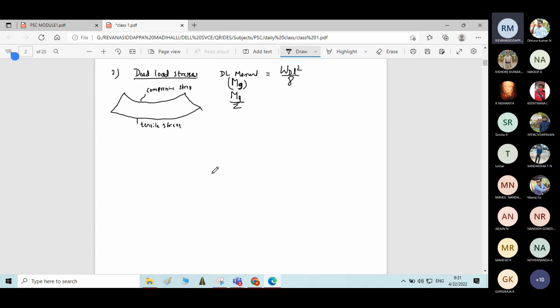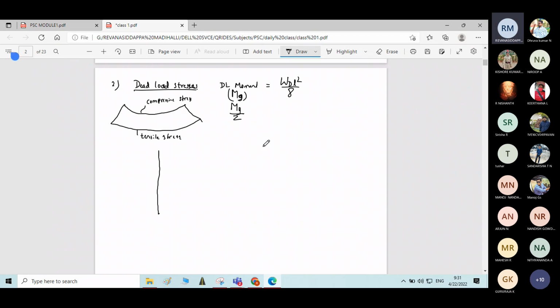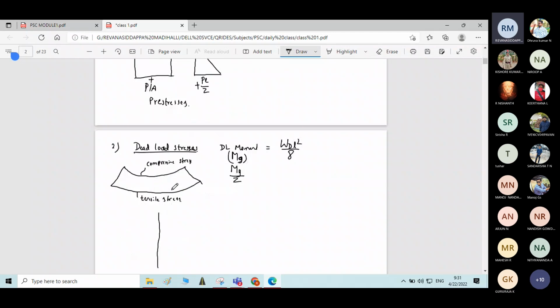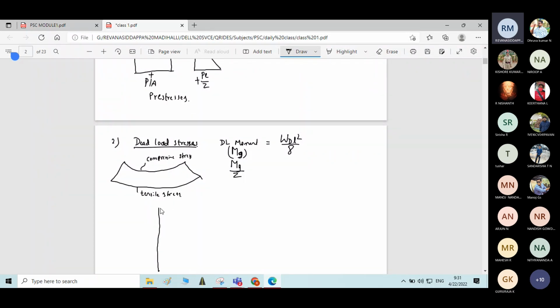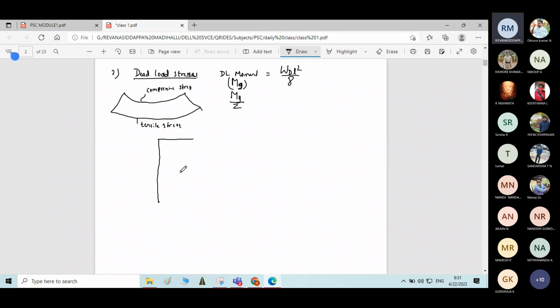So if I write the nature of stress distribution due to dead load, what will it be? As I said, the top fiber is subjected to compressive stress. Compressive stress is represented by positive sign, so on the right side of the reference line. The magnitude of the stresses is MG by Z. Then on the bottom fiber, tensile stresses, negative sign, so on the left side of the reference line.